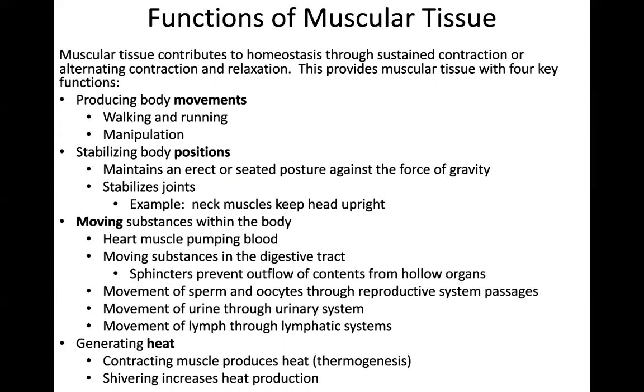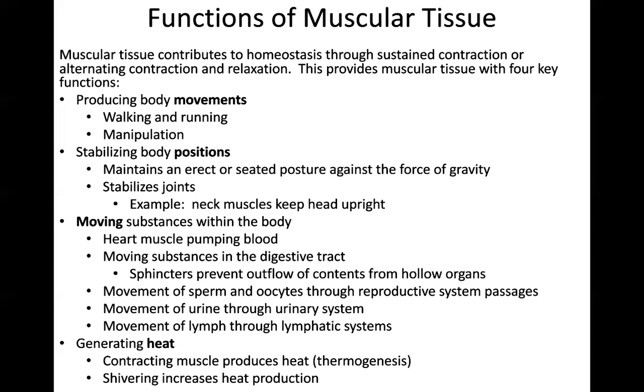Fourth function really relates to all three types, but predominantly skeletal muscle, since it's obviously the most prominent and we have the most of it: generating heat. And this is something we've talked about since the very first lecture of the semester, when we discussed feedback and how when we get hot, we sweat. When we get cold, we shiver.